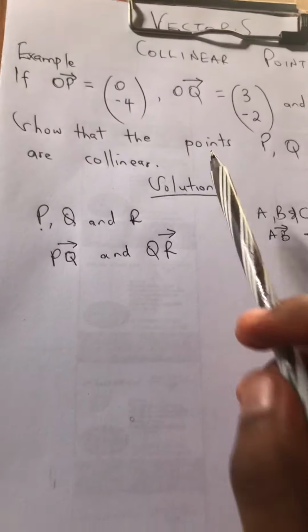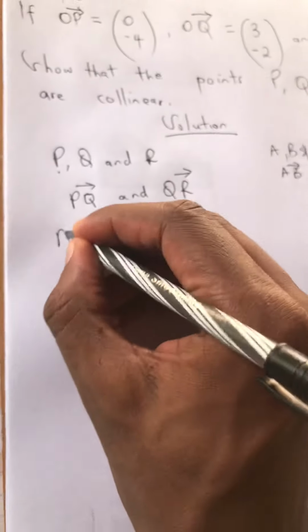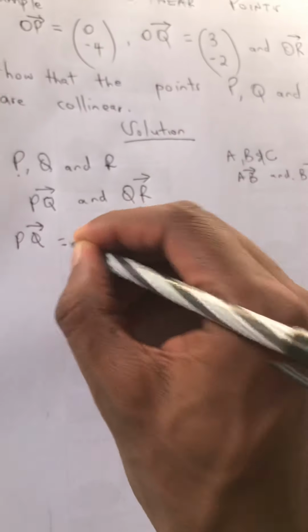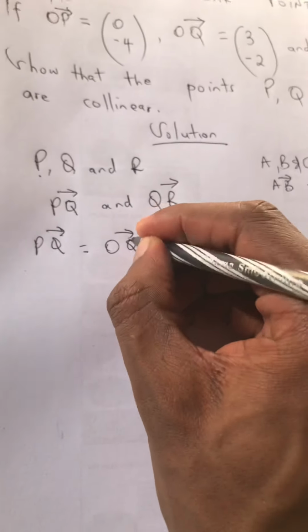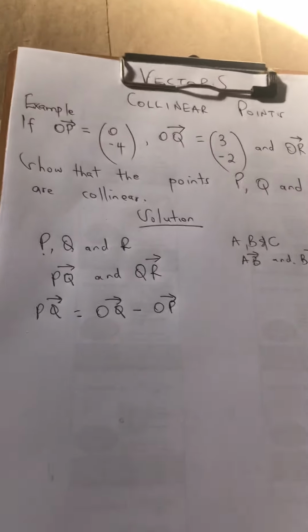But in this case, tumeambiwa points P, Q, and R. Very simple, my friend. So PQ will be the same as OQ minus OP. Nikupe siri ingine.